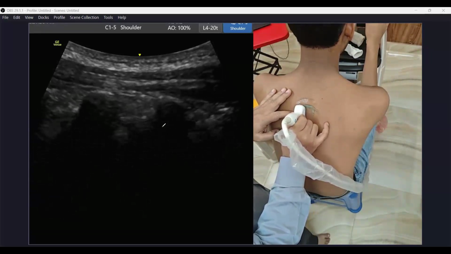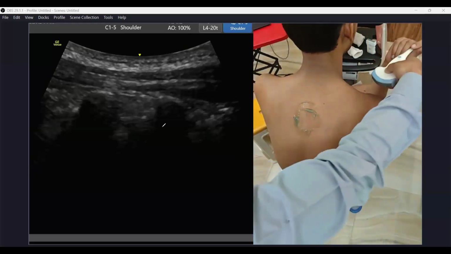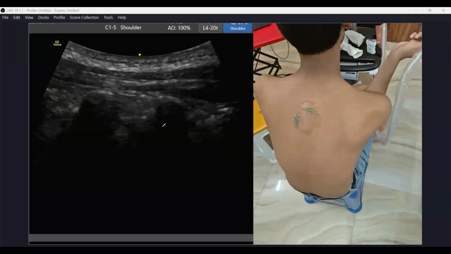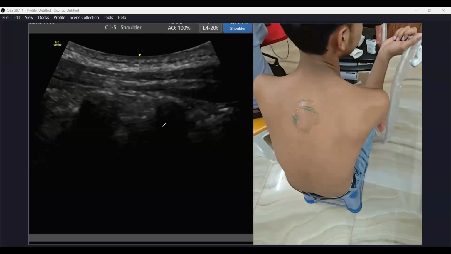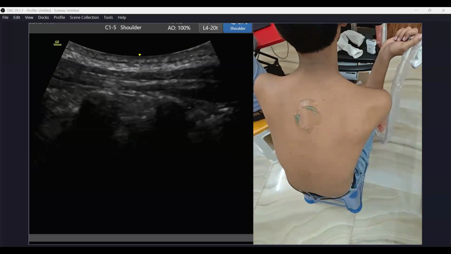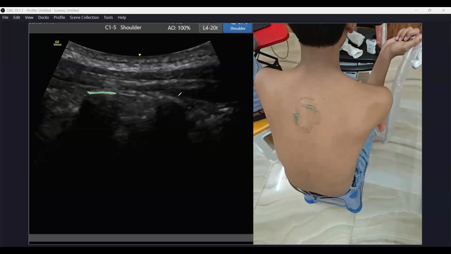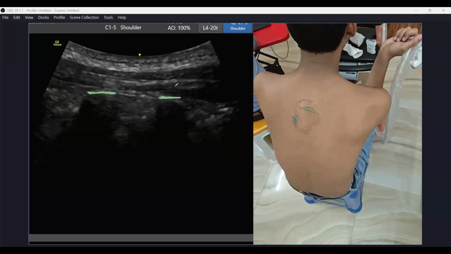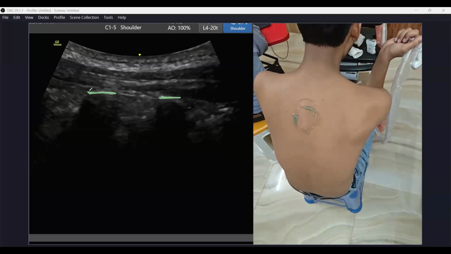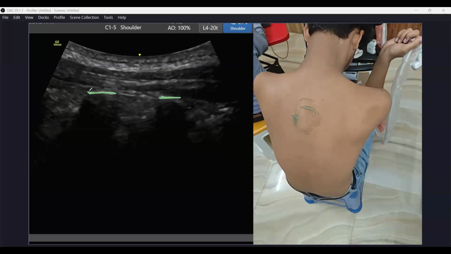Now fix. You will understand it better when I make it transverse axis. But still, this is the transverse process line. Transverse process is always confused with whether it is over the transverse process or over the rib.